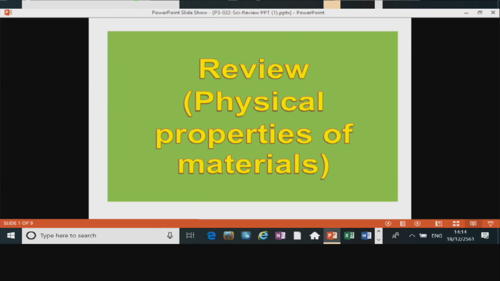Yes, like Teacher Wes explained, physical property is like flexibility and material, plastic. So review physical properties of materials. Excellent. So let's have a look at the slides.